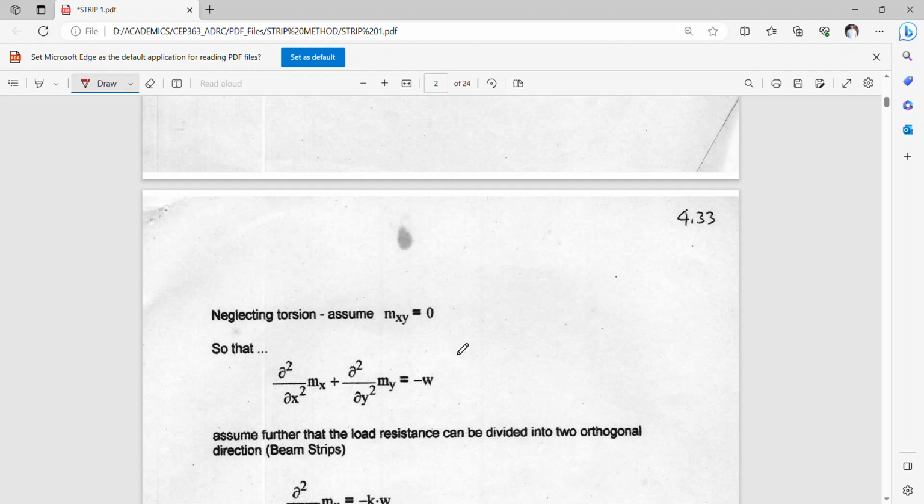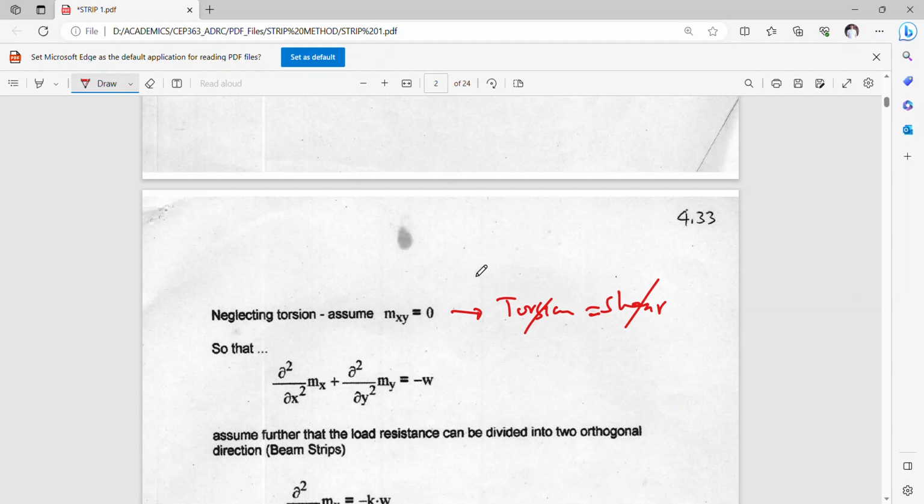And neglecting torsion, we ignore the moment Mxy, which is more or less only an assumption, but rather very acceptable since we know that torsion and shear distribution cancel each other when we're talking of slab behavior.